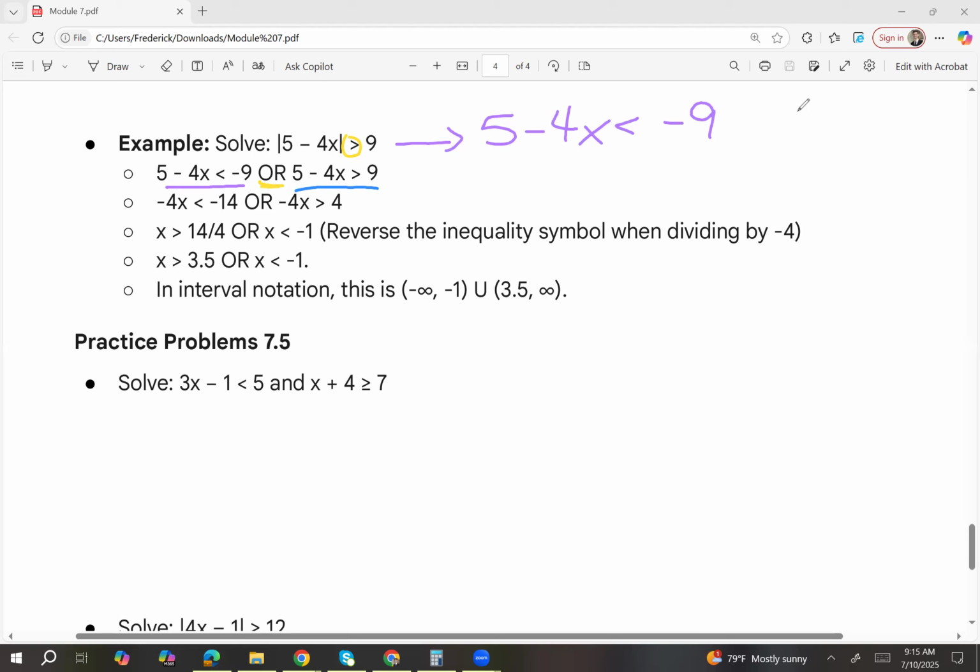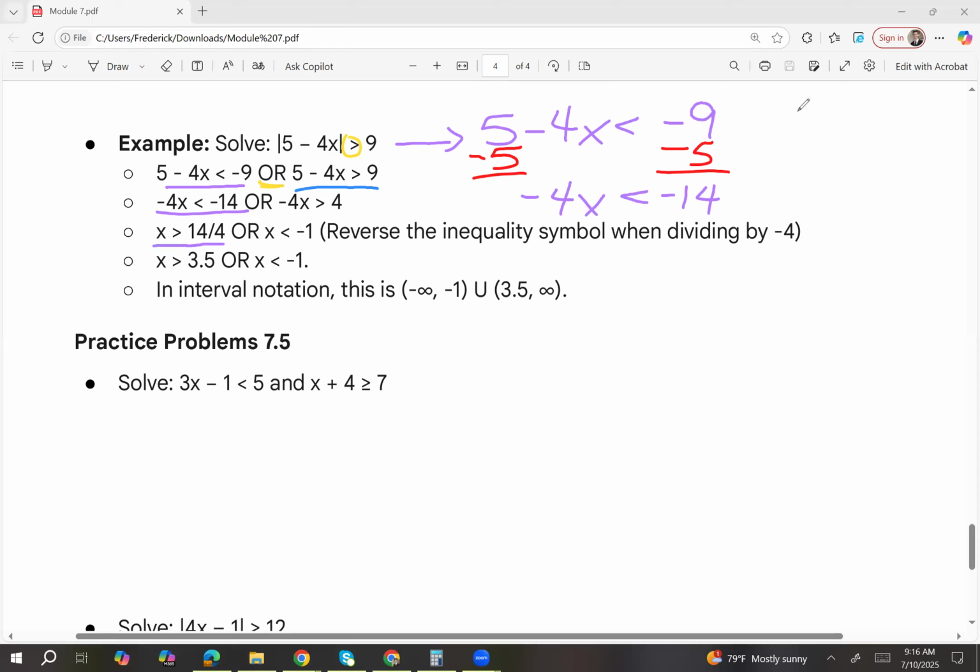So move that number 5 to join with the number 9 on the other side, -5 on both sides, so that we can get them together on the right here. And then we'll have -4x coming down is less than -9 with -5 joined together, added together, is -14. So that's how we get to -4x less than -14.